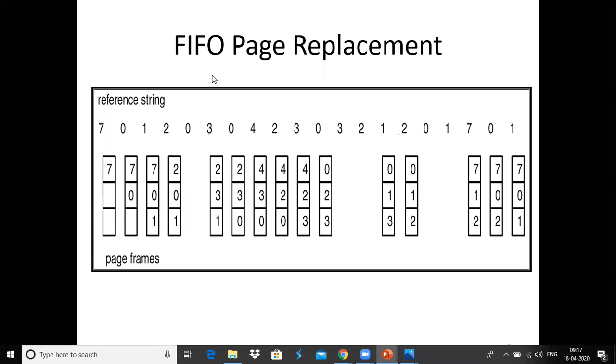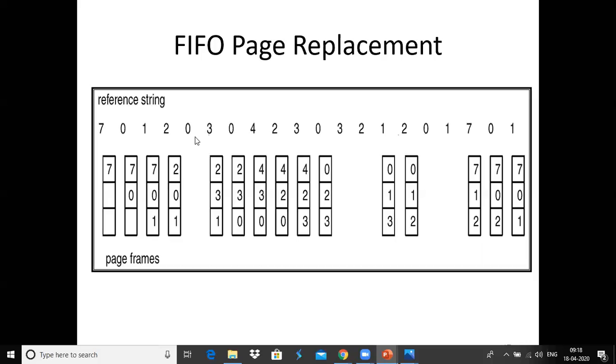Then which memory reference will you take out? You will take out the first memory reference that entered the frames. So 7 will be out. At this position 2 will enter. So again one page fault for 2, because previously 2 was not in the frames.